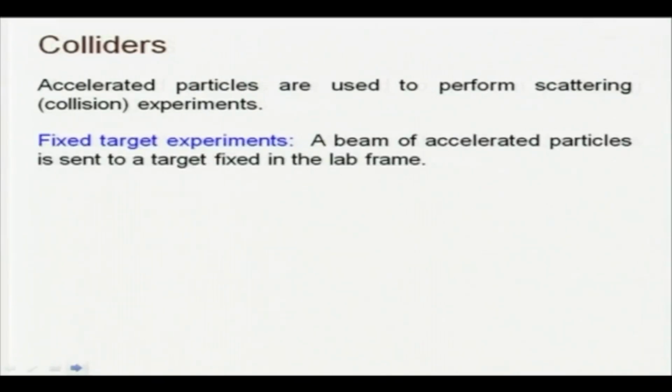When we come to scattering experiments, there are two basic types. One is called the fixed target experiment. As the name suggests, these are very similar to Rutherford's experiment, where the target particle is fixed in the lab frame.